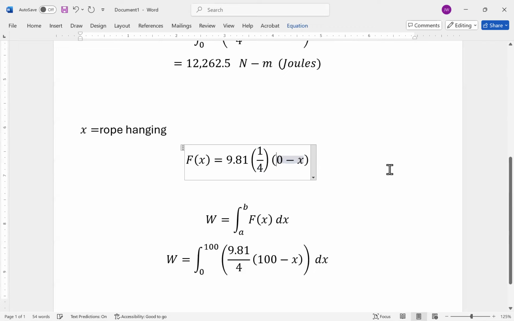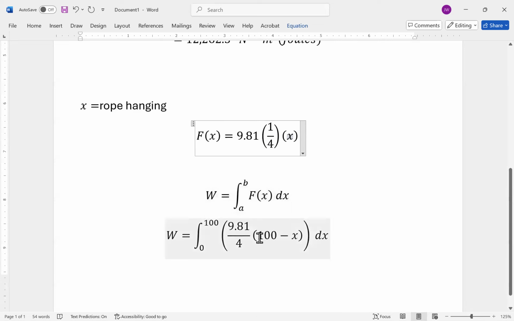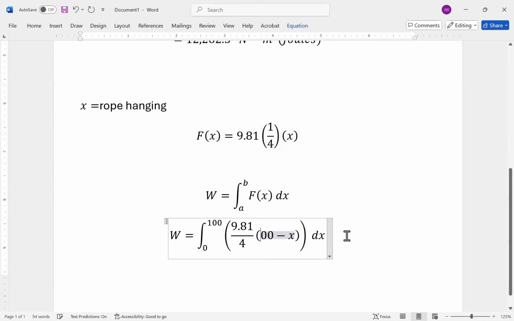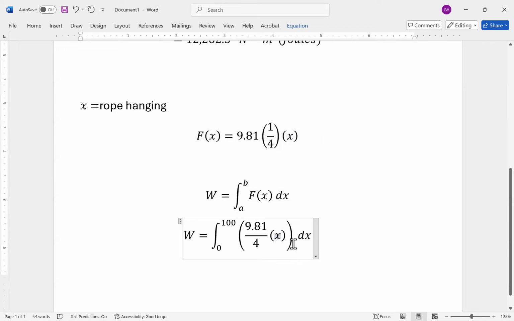But now I times it by X because that is the amount hanging. When I go ahead and rewrite my force function, I would get 9.81 over 4 times X integrated.